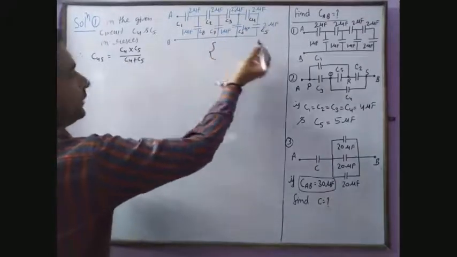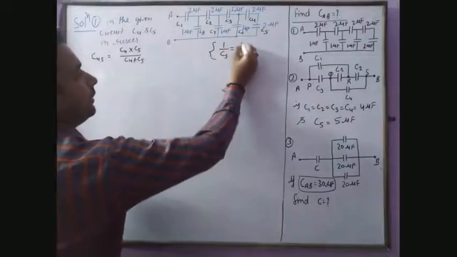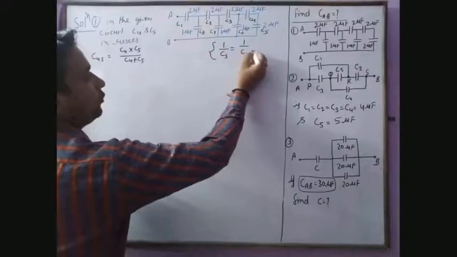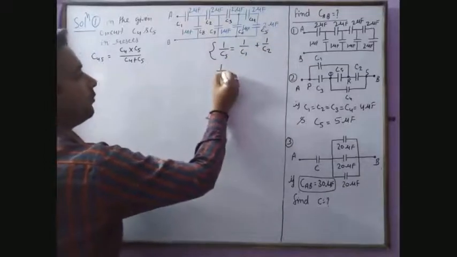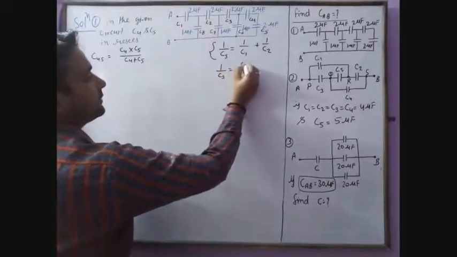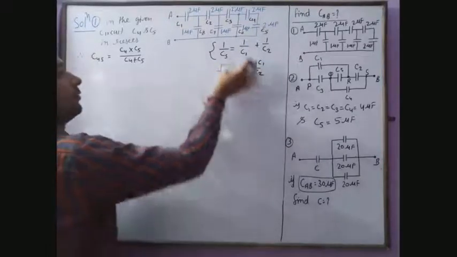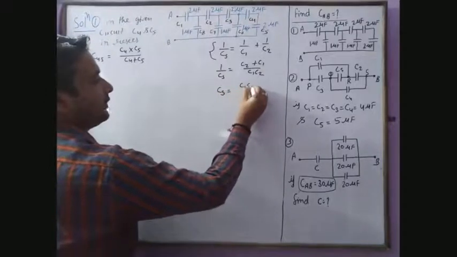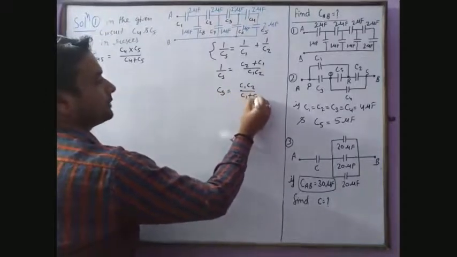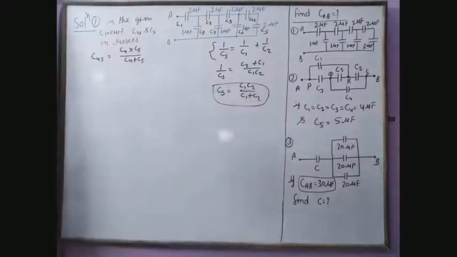If you need to calculate the series combination, then for the two capacitors, C1 plus C2, by taking LCM, 1 upon CS is C2 plus C1 upon C1 C2. We just take the reciprocal of this, so we get the result C1 C2 upon C1 plus C2. This formula is used here to solve the numerical.